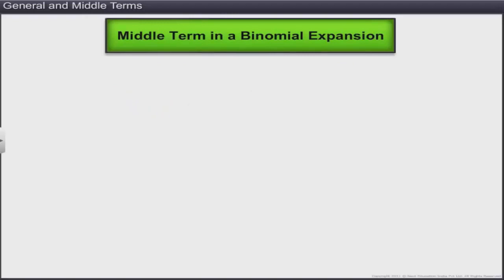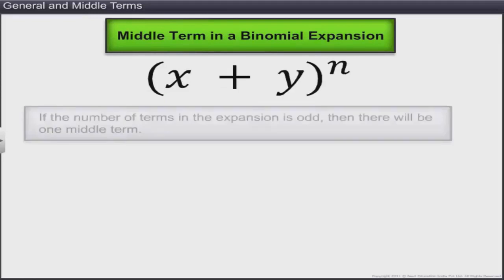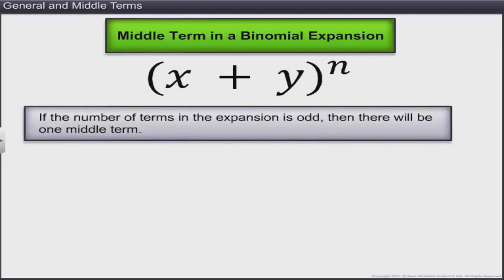Let us now find the middle term in the expansion of a binomial. Let's first get the concept of middle term clear. If the number of terms in the expansion is odd, then there will be one middle term.